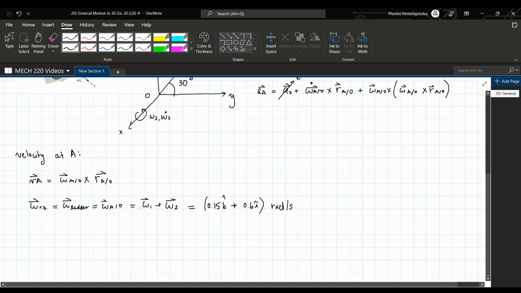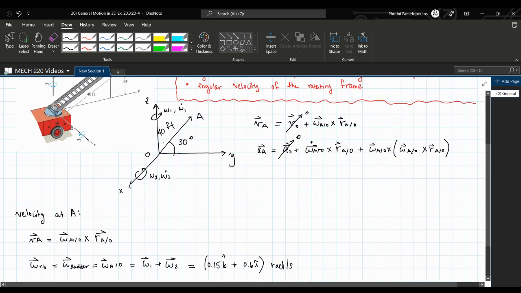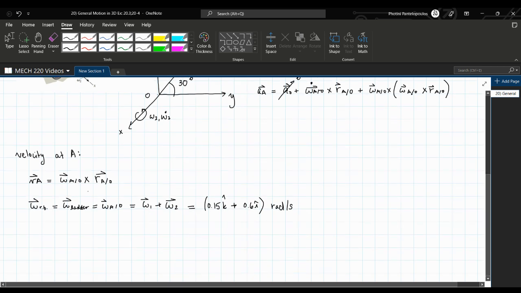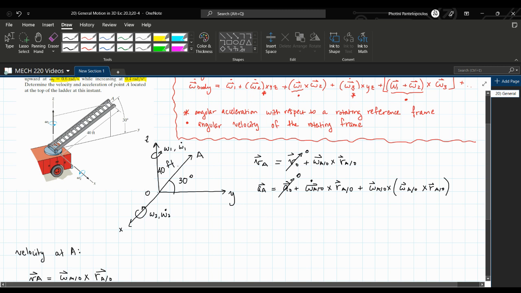Next thing we need is R of A with respect to O. This is essentially this length here, this vector, which represents the ladder. That can be found doing simple trig, since, as I mentioned earlier, AO is within the ZY plane.